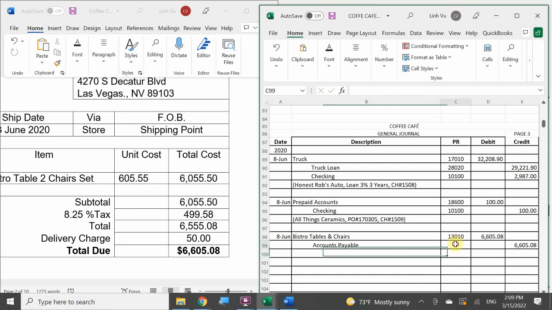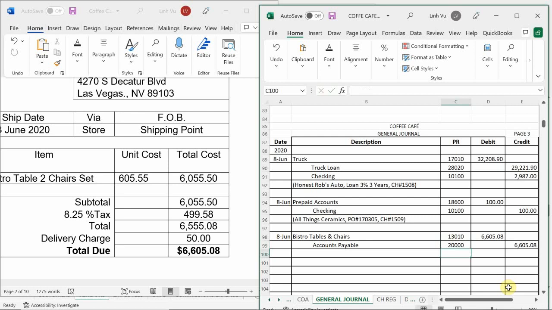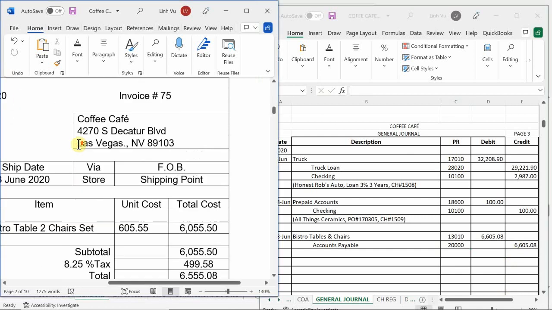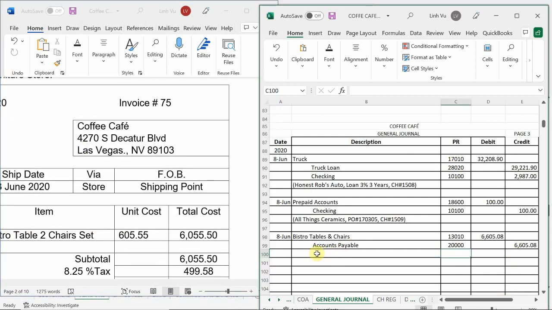So in this case, I'm going to put it on an account, okay, for the $6,605.08. So once again, we have all the information that we need for this transaction, right? We have who we bought it from, which is Furniture Store.